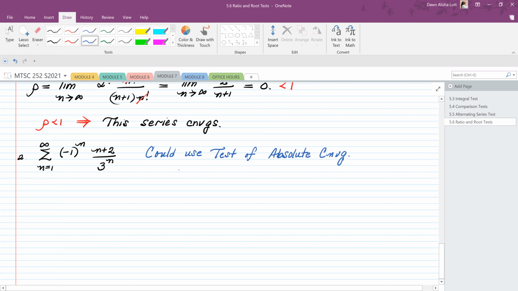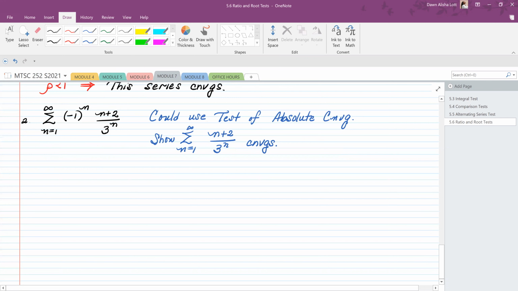If we use that test, we would have to show the summation n equals 1 to infinity of (n plus 2) over 3 to the n converges. And if that converges, then we know the original series converges. But we're going to use the ratio test.